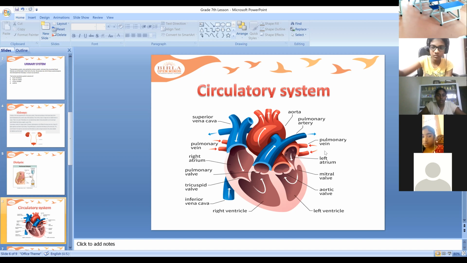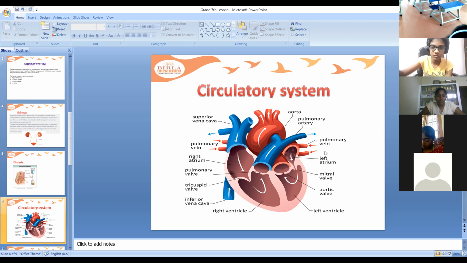The human heart has 4 chambers. The upper chambers are called atriums or auricles. They can also be called auricles or atriums. And the lower chambers are called ventricles. Deoxygenated blood means blood rich in carbon dioxide.